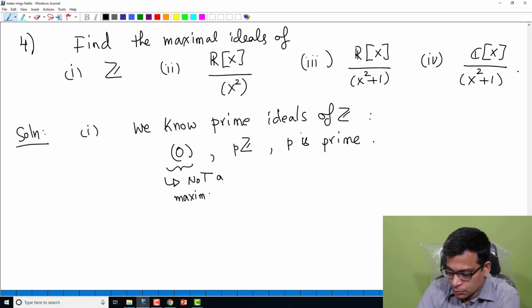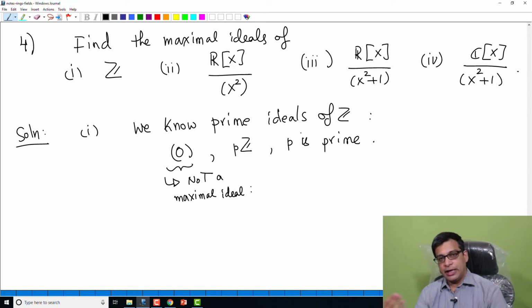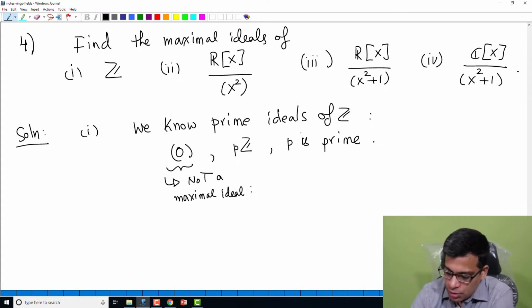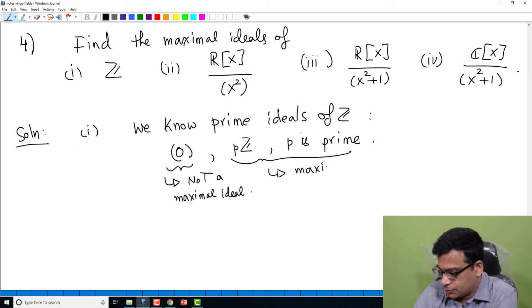Why is that? By definition, a maximal ideal is an ideal which is not contained in any proper bigger ideal. 0 is certainly not like that because 0 is contained in 2Z. 2Z is a proper ideal. 0 is properly contained in 2Z. So 2Z is not the 0 ideal. So this is not a maximal ideal. What about this? These are maximal ideals.